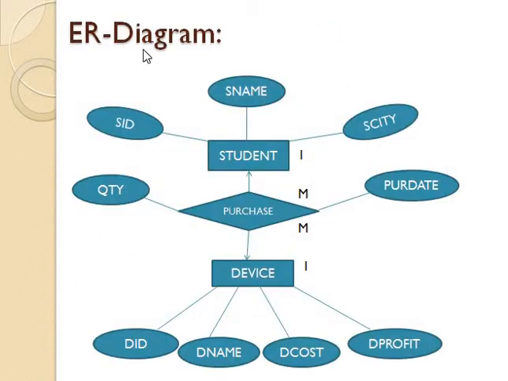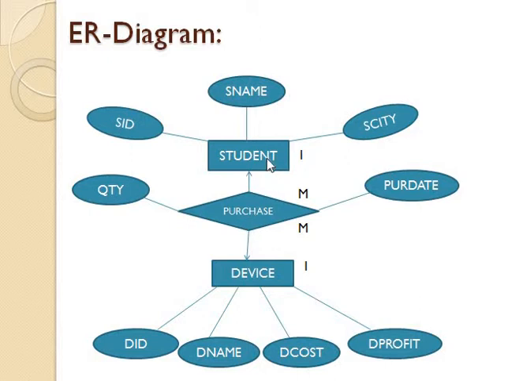Now consider the ER diagram as shown in this slide. This ER diagram consists of two entities, student and device. And there is a relationship between the entities student and device. And the name of that relationship is purchase.